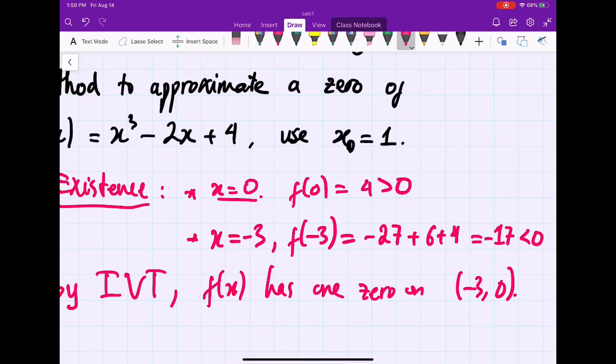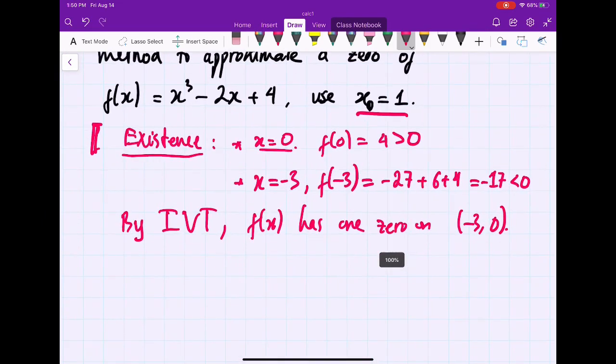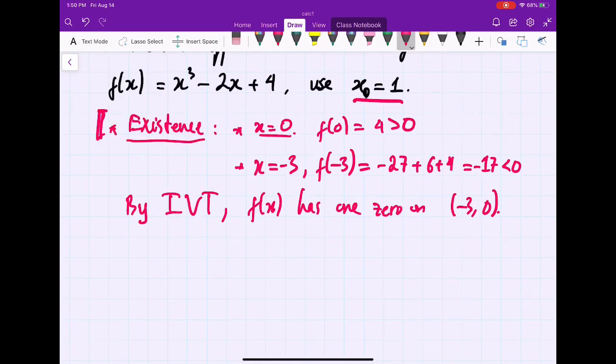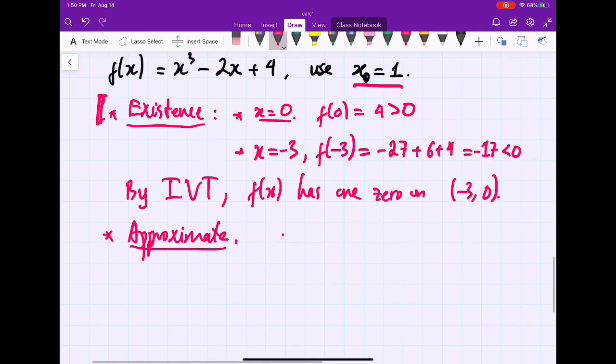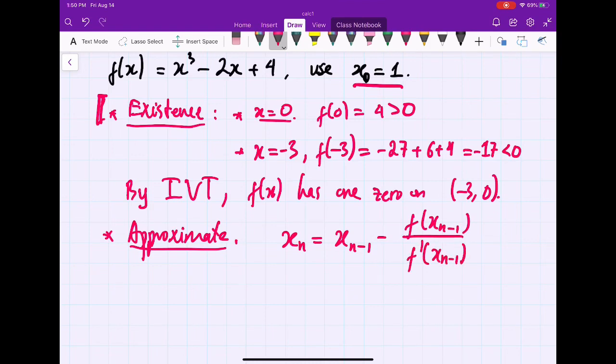All right, now we need to approximate that, and we start from 1. So after the existence, we need to approximate. I will use the formula xn equal to xn minus 1 minus f of xn minus 1 divided by f derivative of xn minus 1.